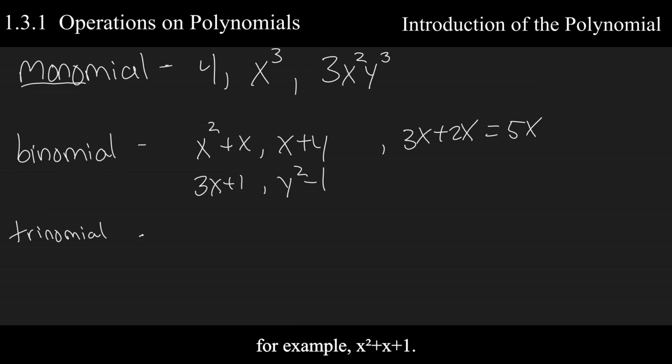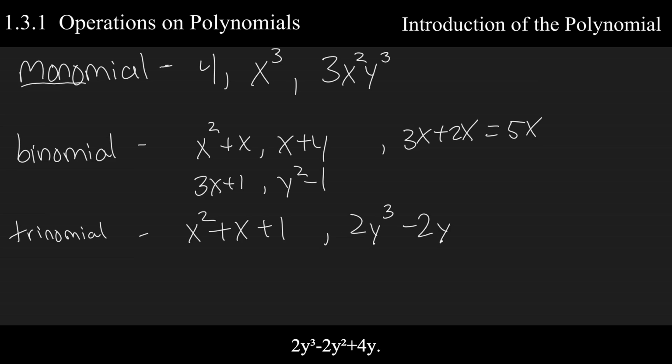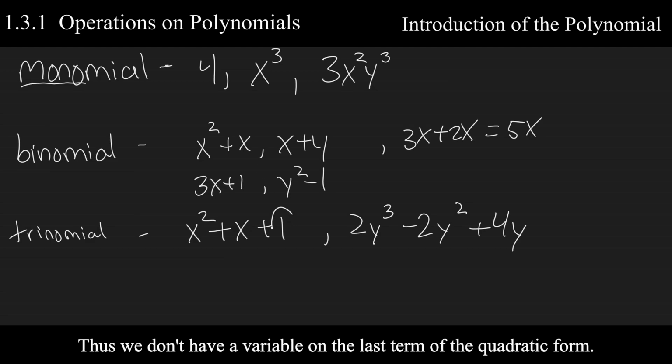For example, x squared plus x plus 1. Other trinomials may look like this: 2y cubed minus 2y squared plus 4y. Recall that a variable with an exponential value of 0 is 1. Thus, we don't have a value on this last term in the quadratic form.